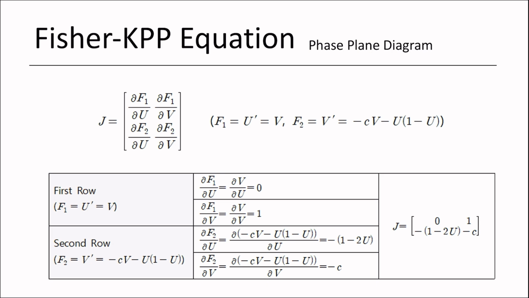For our system, the Jacobian matrix is constructed by taking the partial derivatives of each equation with respect to each variable. Specifically, we calculate the partial derivatives of the first equation with respect to both x and y to fill in the first row, and the partial derivatives of the second equation with respect to x and y to fill in the second row. This results in a matrix that looks like this slide. Once the partial derivatives are calculated, the Jacobian matrix is fully defined.